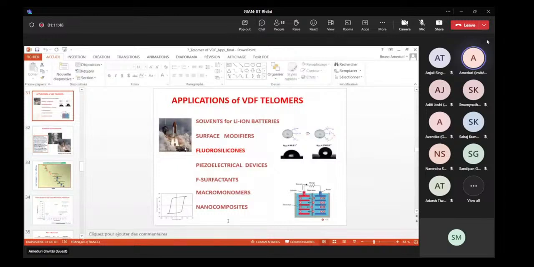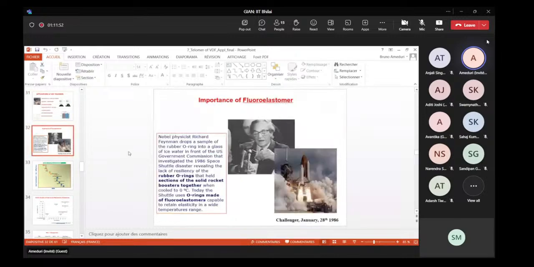My first example is on fluorosilicones. And I would like to come back again, as I mentioned yesterday, to the catastrophic accident of the Challenger in January 1986, where after launching, unfortunately, there was an explosion because the O-rings were made of polysulfides and not fluorosilicones or fluoroelastomers.